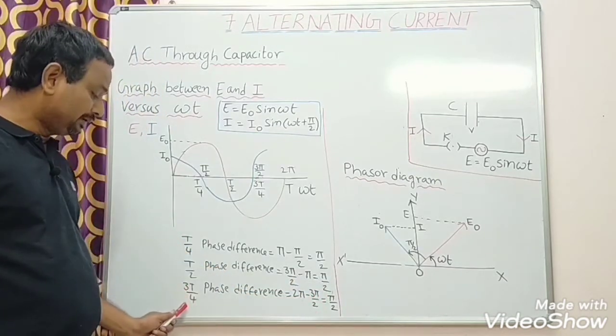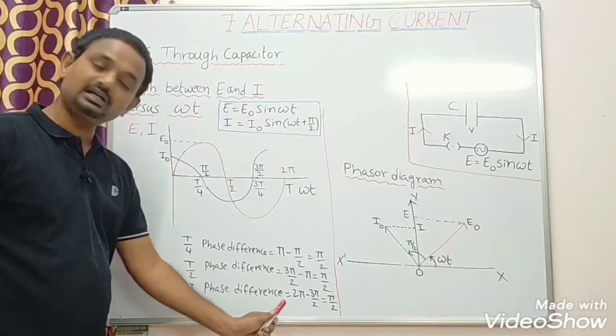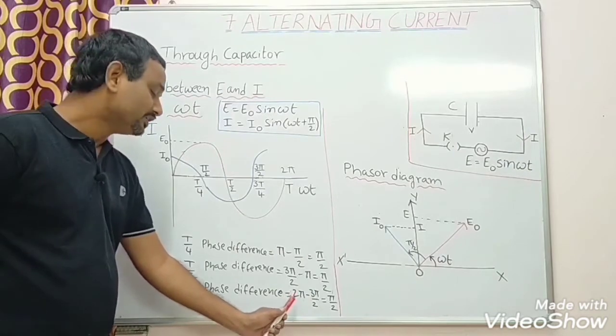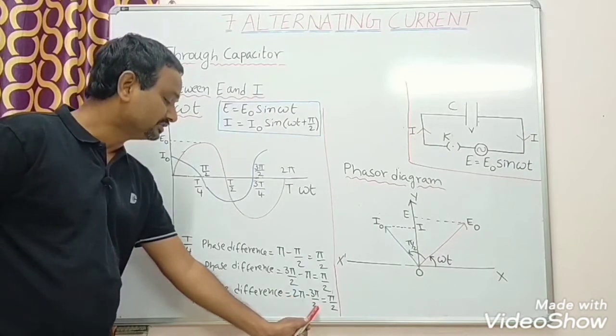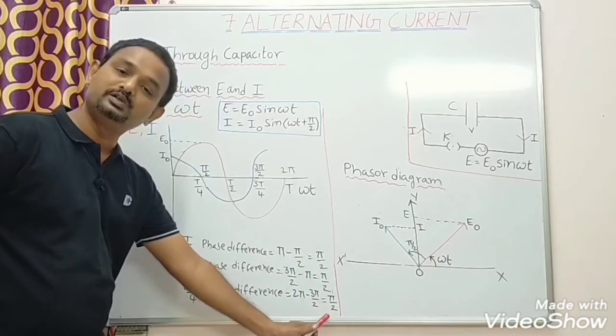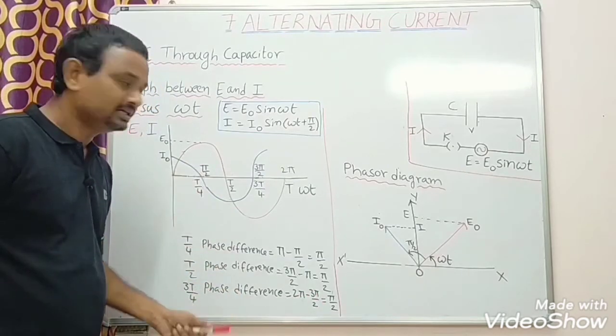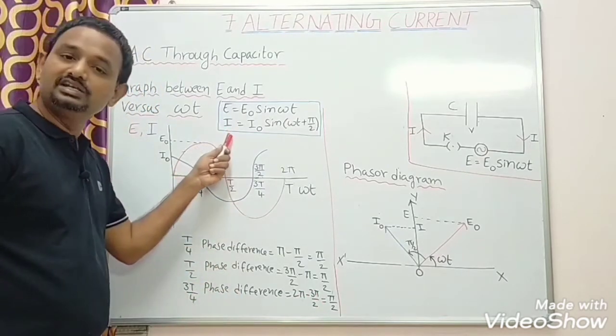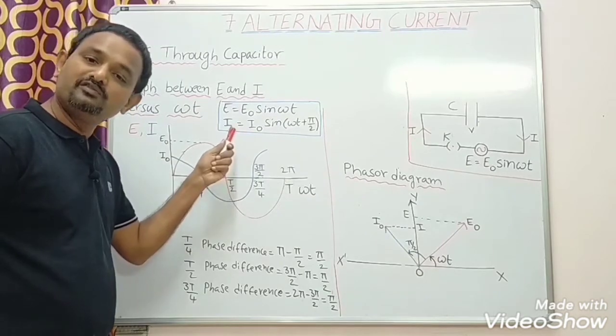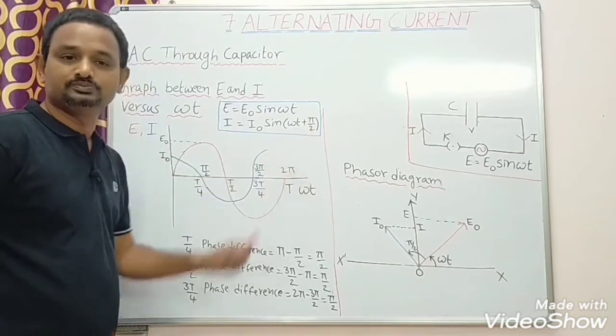In time interval 3t by 4, the phase difference between current and EMF is 2 pi minus 3 pi by 2, that equals pi by 2. So from this graph we showed that current leads EMF by a phase angle of pi by 2.